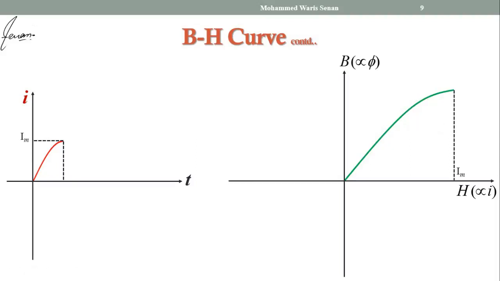Now what will happen after this, when the current starts decreasing? Obviously, when current starts decreasing, the strength of the magnetic field also decreases. But it has been observed in ferromagnetic material that the de-alignment of magnetic dipole moments is not the same as the alignment.